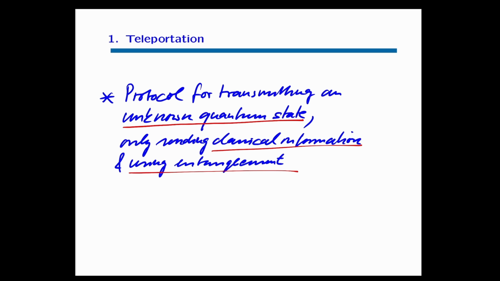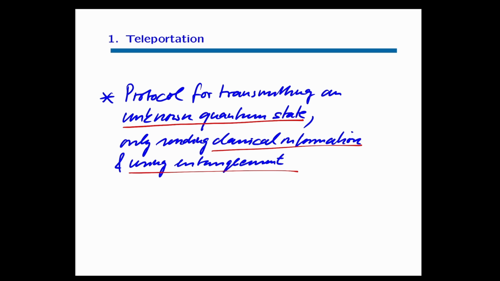And one way you can do it is, well, you just take the qubit, it has some physical carrier, say an ion or an atom, or lives in some Josephson junction array, so you take it with its physical carrier to the other location. That's a trivial thing that you can do, but the question is whether there is something else that is of interest. And one such thing that is of interest is you use teleportation.